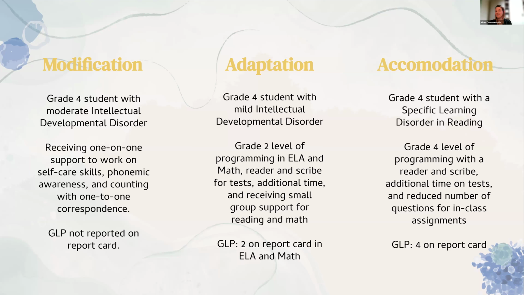And maybe in class assignments where you can't really give additional time, they would have a reduced number of questions to complete. We wouldn't be changing the level of the work for that student. We would be changing how we're evaluating that student and the supports we're using to help them learn and be evaluated. So their grade level of programming would stay grade 4 on their report card.